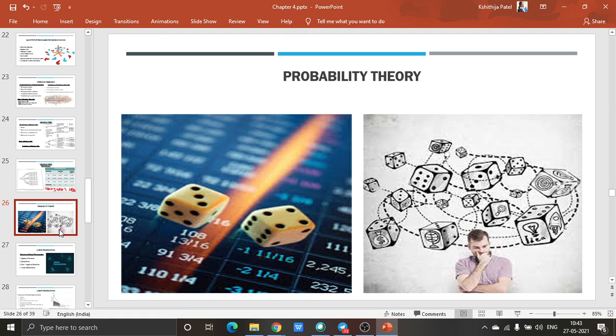Out of these two approaches, objective probability is preferred to subjective probability. But sometimes objective probability may have to be tempered based upon the judgment, the experience, and also the intuition of the one who has to decide.